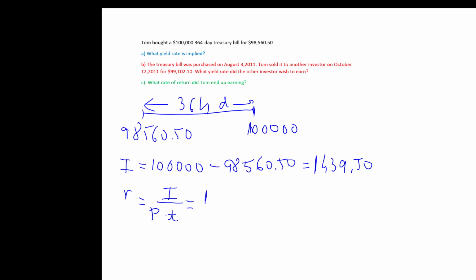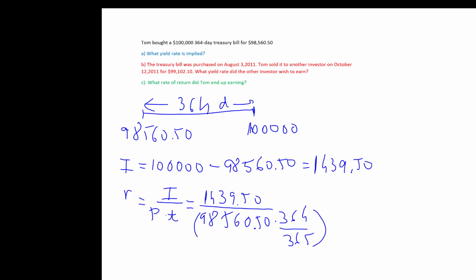So we have $1,439.50 divided by purchase price and divided by time, 364, that we convert into years, so we divide by 365.